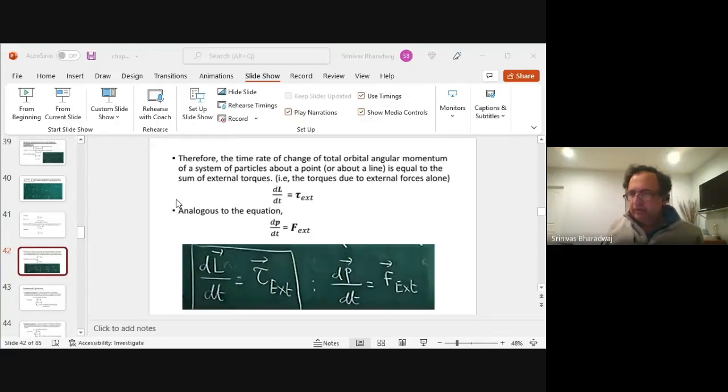HC Verma helps if you're studying for NEET or JEE. The rotational chapter is rotational mechanics, chapter number 10. And right after chapter number 10, he discusses gravitation, chapter number 11. I discuss these two a little bit together, but first I discuss these ideas.